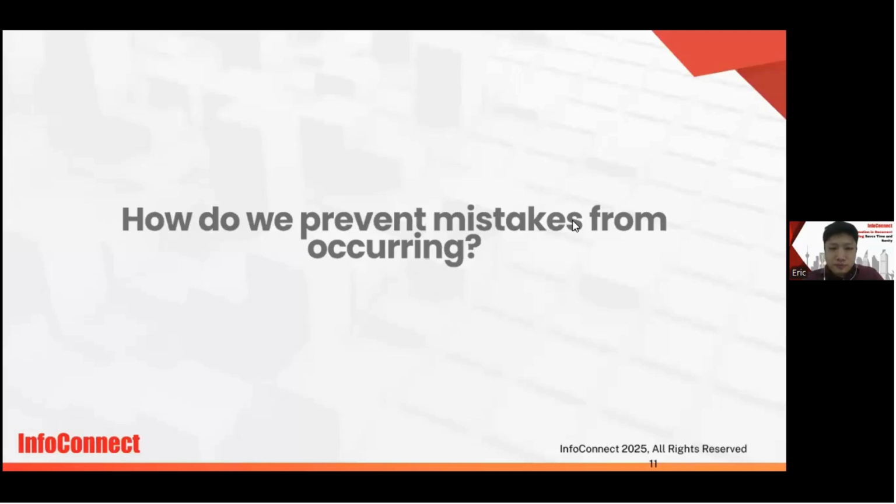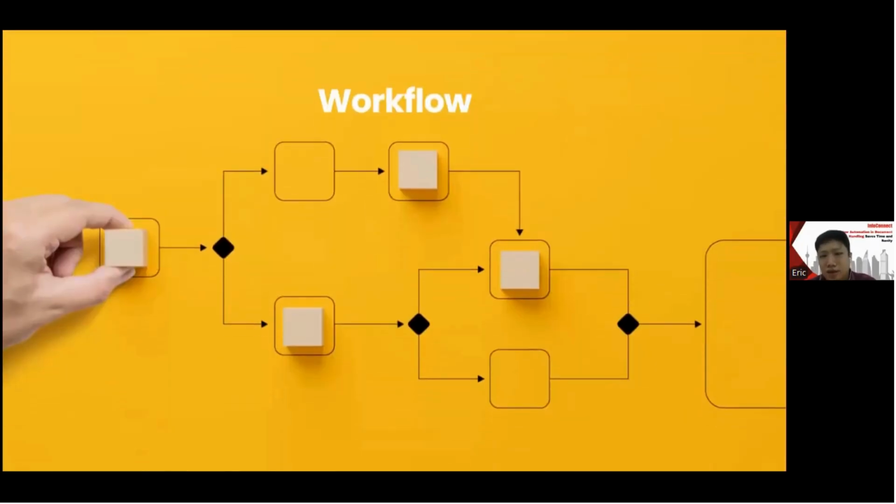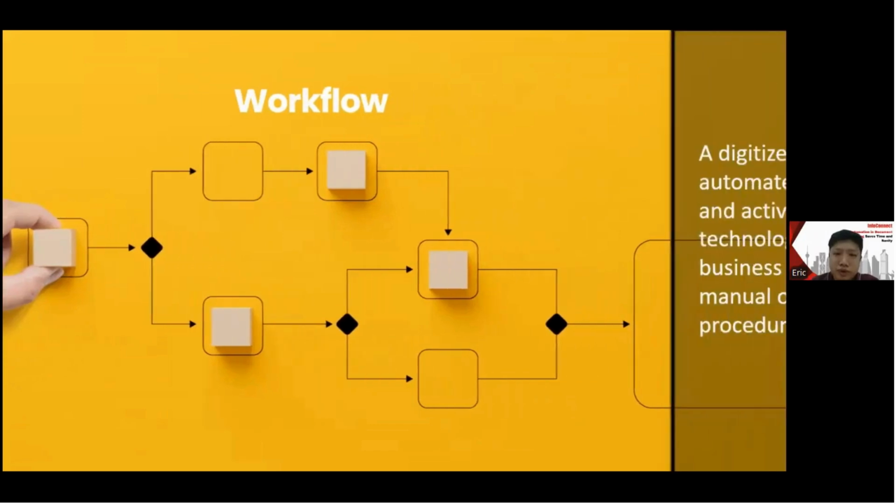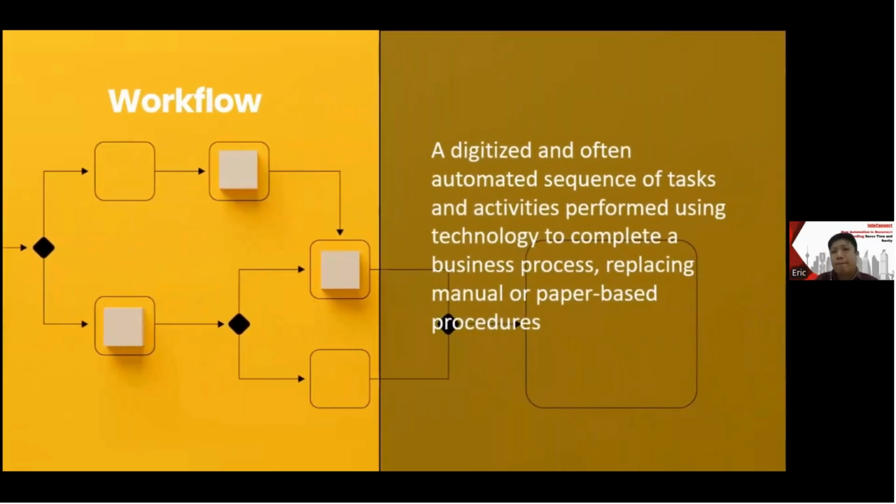So this begs the question, how do we prevent all these mistakes from occurring? The simple answer is by having a system in place and having automation in your processes. The form of automation that we are going to talk about today is workflow. So what exactly is a workflow?